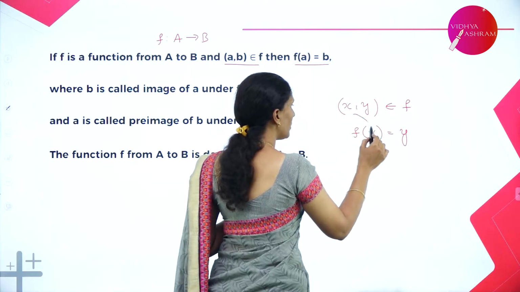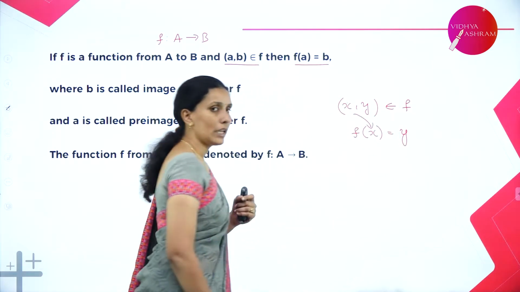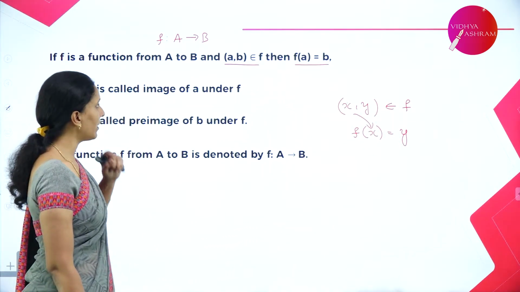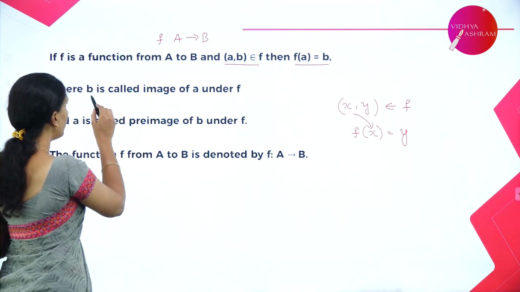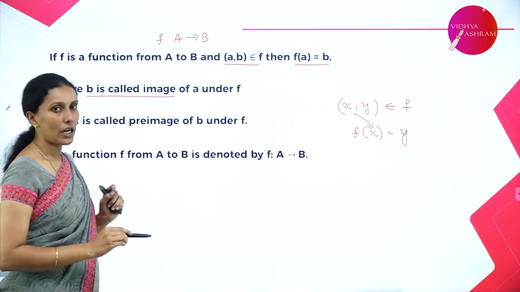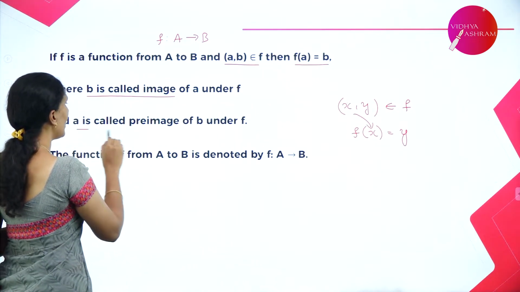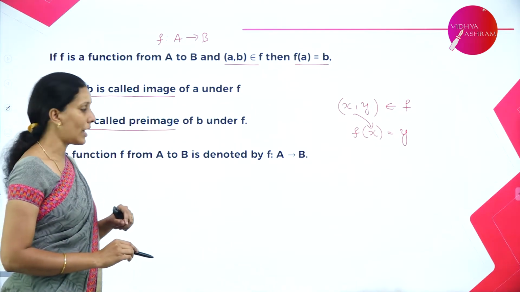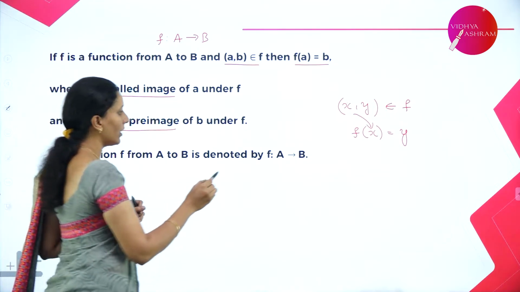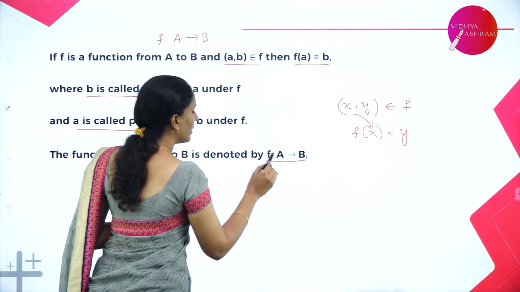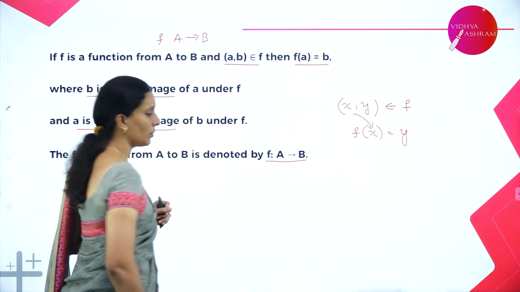So if you substitute the value of x, you will get the image y. This is how we define it, and we call b the image under f, and a is called the pre-image of b under f. Thus we denote it by the symbol f: A to B.